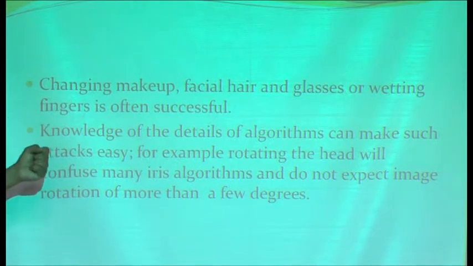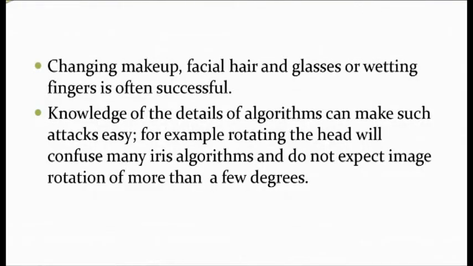These are all successful things. Now, if I know the algorithms in detail, how features are getting extracted, then this attack is much easier. So, suppose I want to fool my system, and I provide my iris data in the reverse order.